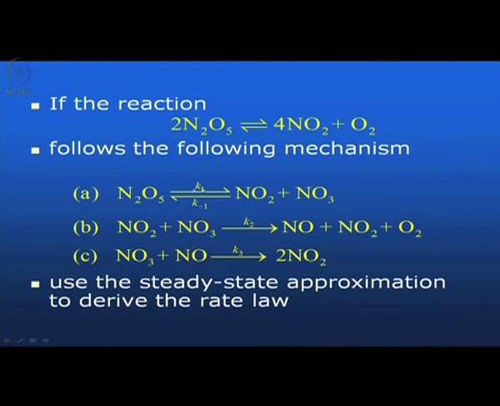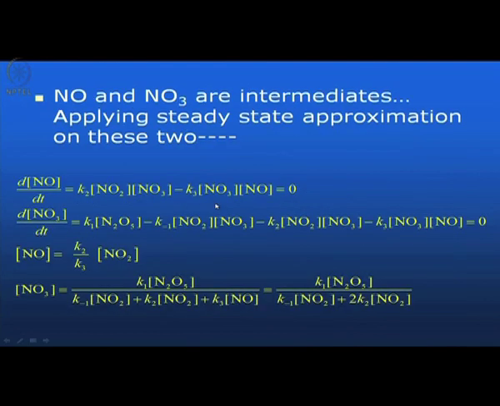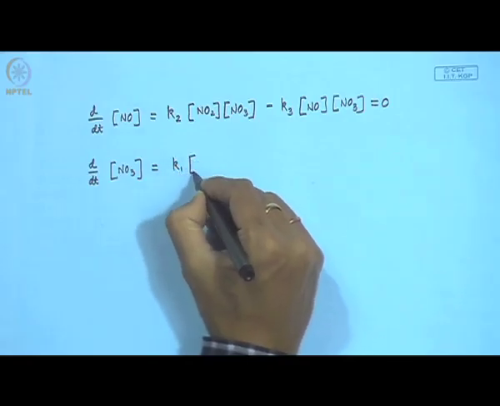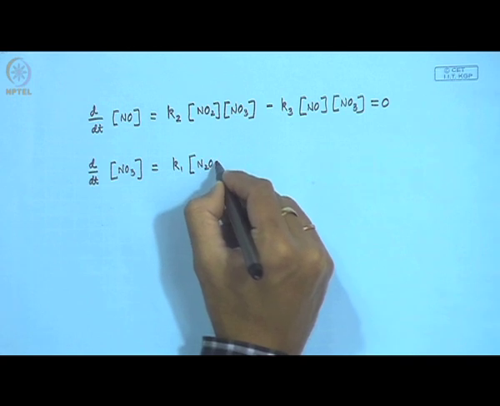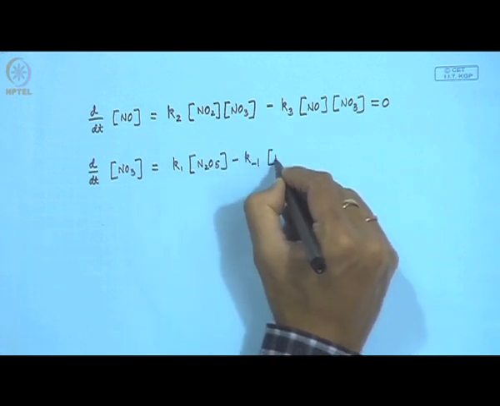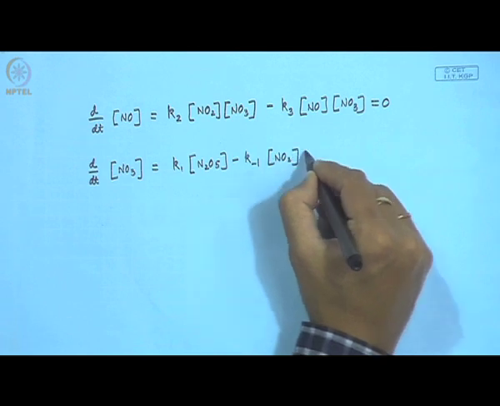So, from this equation you should have two terms: K1 N2O5 minus K minus 1 NO2 NO3.